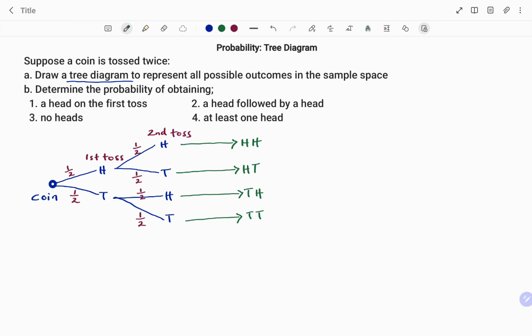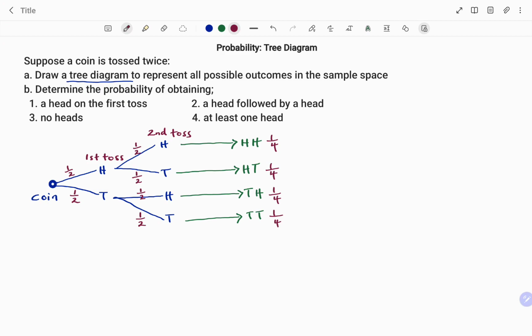If I'm to write the probability of each outcome, having a head and a head, that is 1 out of 4 possible outcomes. The probability of having a head on the first toss and tail on the second is also 1 out of 4. Each of these unique outcomes is 1 out of 4 possible outcomes in the sample space.